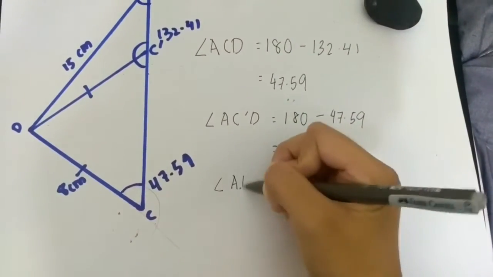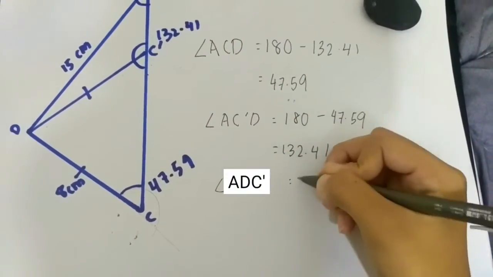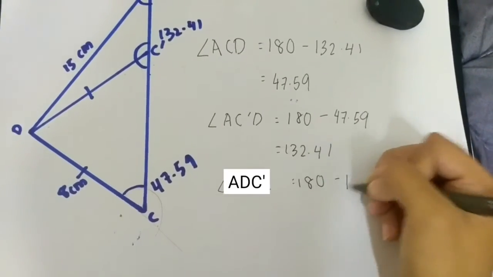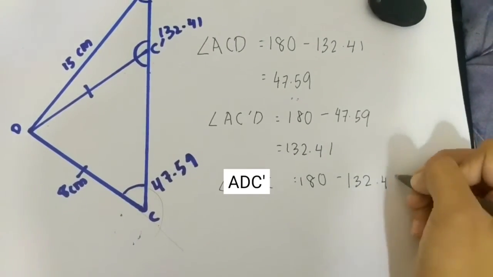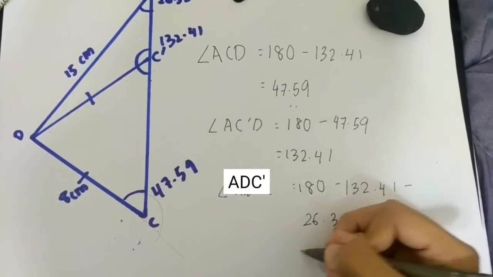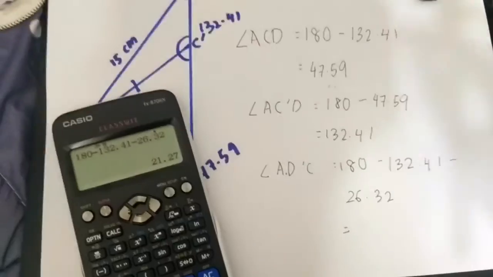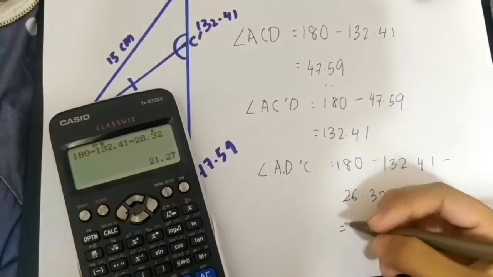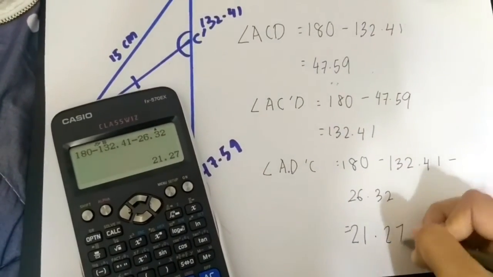The angle of ADC prime is calculated like this: 180 minus 132.41 minus 26.32 equals to 21.27.